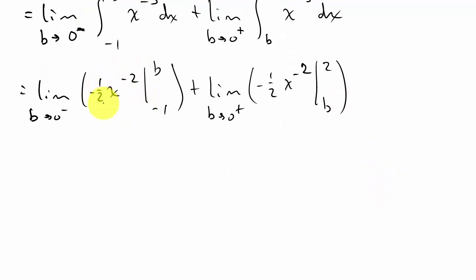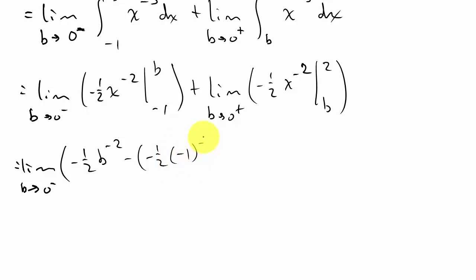So let's do this part. That's the limit as b goes to 0 from the left of -1/2 b to the -2 minus -1/2 times -1 to the -2.